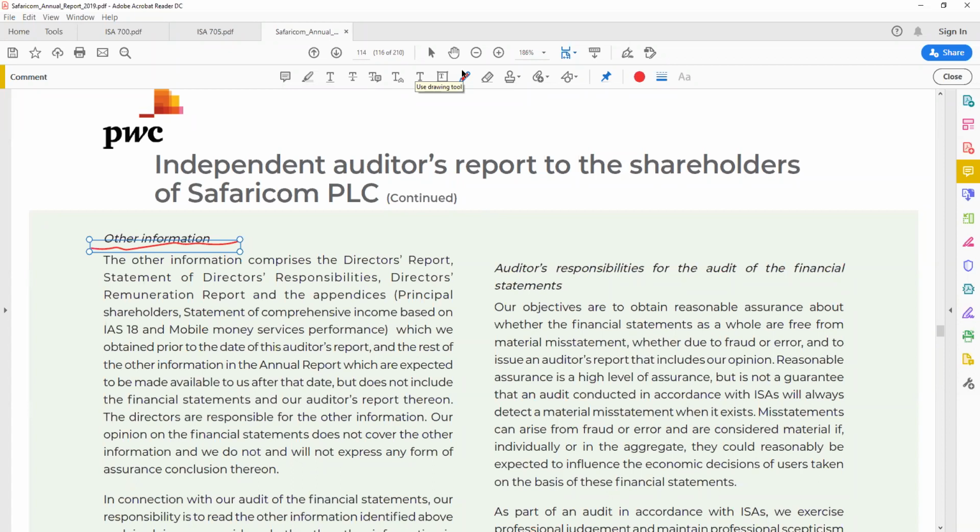So in other matters, there may be things contained in the auditor's report or in the annual report, where as an auditor you don't have any responsibility in expressing an opinion on them.